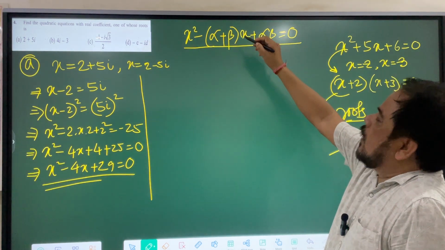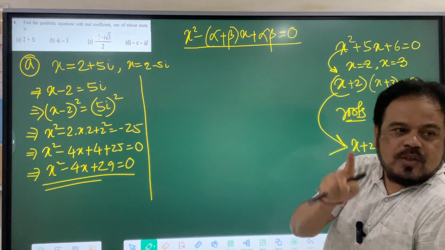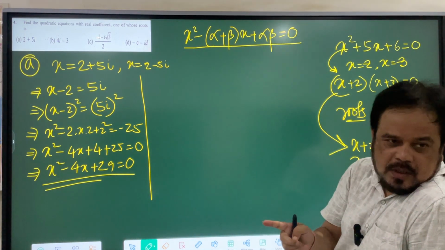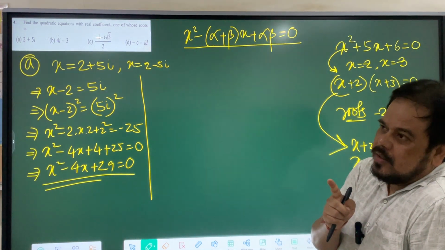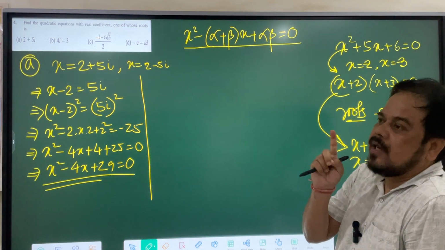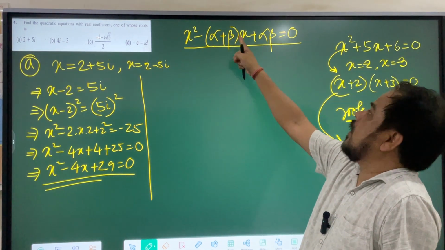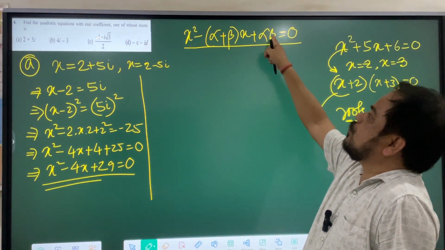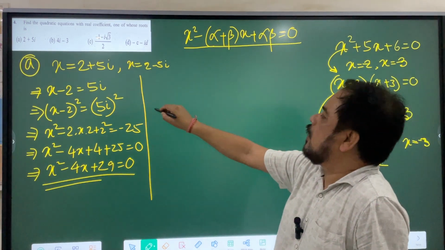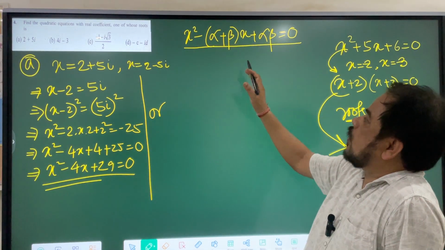Alpha and beta, what is the meaning for alpha and beta? Alpha is one root, beta is other root. If alpha is a plus ib, beta will be a minus ib. So this is alpha and this is beta. Alpha plus beta and alpha into beta, then also we can find out the quadratic equation. This is also another way.